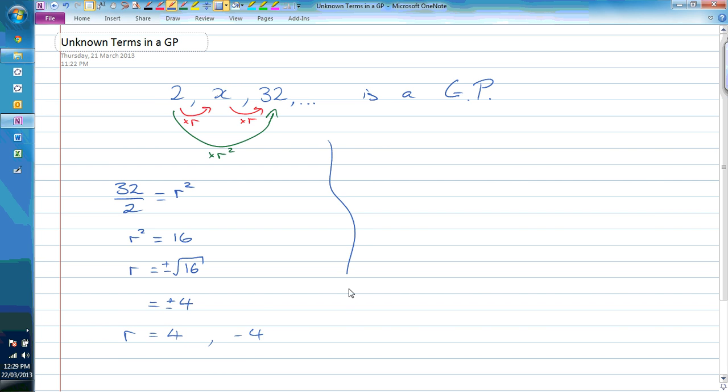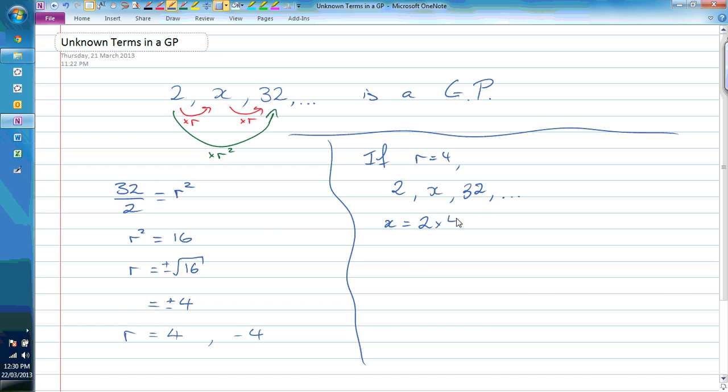And there's actually no way of determining which it has to be in this situation unless they were to give us some more information. So if r is 4, then I have this as my geometric progression. And x I'm going to get by going the term in front of it times the common ratio.